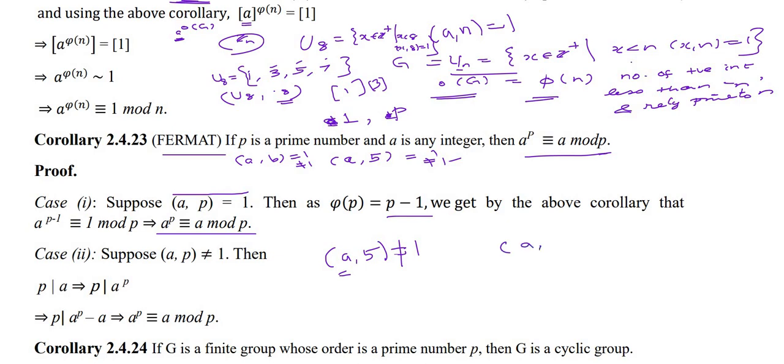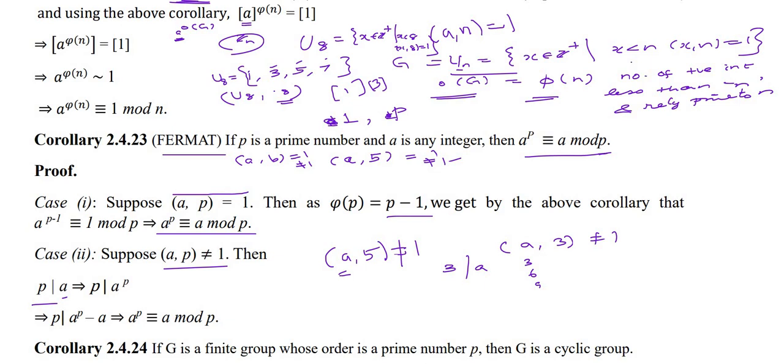If I have A and 3, and they are not relatively prime, then A should be a multiple of 3. If you consider 3, 6, 9, they are multiples of 3, so these two will not be relatively prime. In other words, 3 must divide A. That is what is written: if A and P are not relatively prime, then P must divide A.